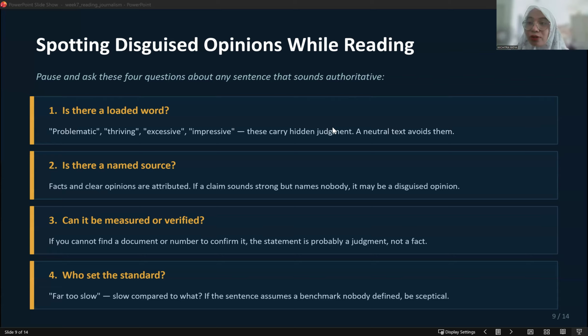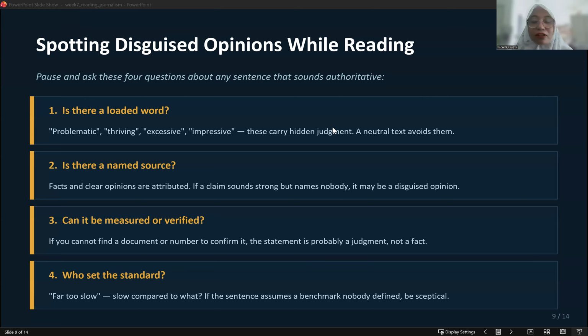So if there's no numbers, maybe this restaurant is the best, because it has a rating of 5 in Google, for example, based on 1,000 reviews. So there's numbers there.